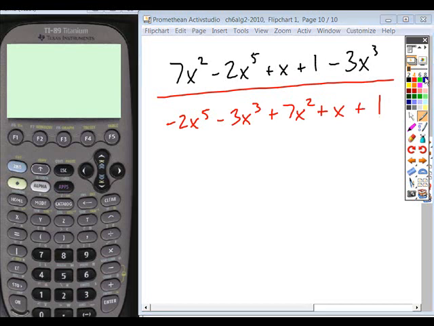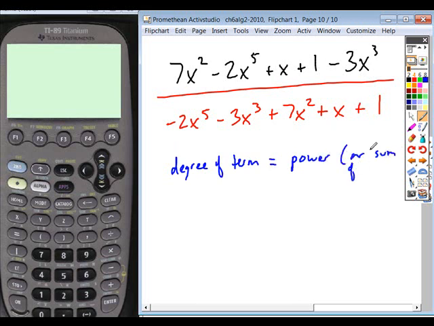As far as each individual term, when you look at its power, you can refer to the degree of each term. The degree of each term is just its power. Or if it has multiple variables, it's the sum of powers. So what would be the degree of this term?